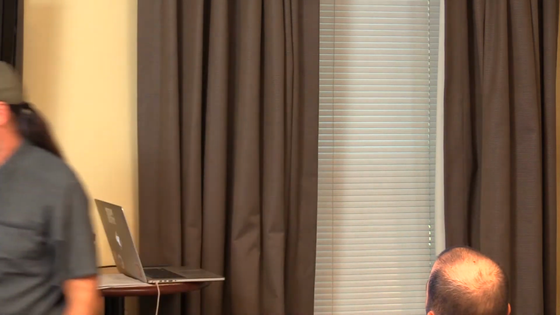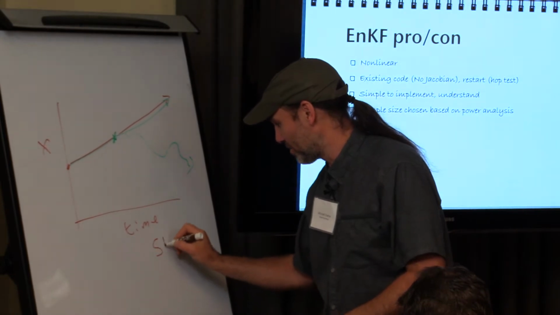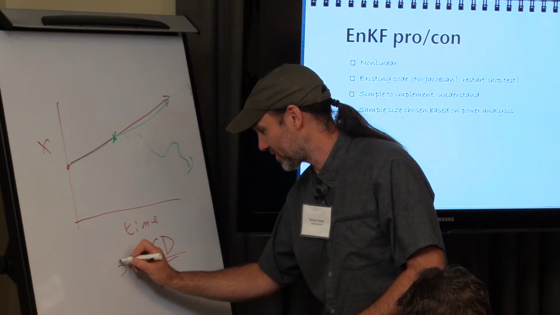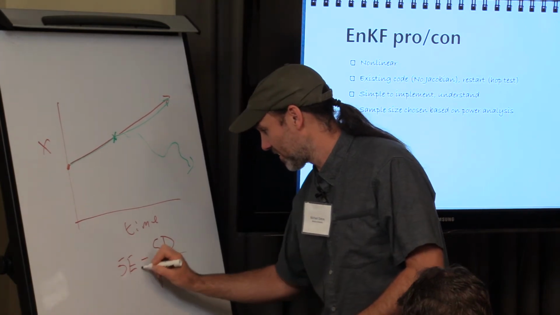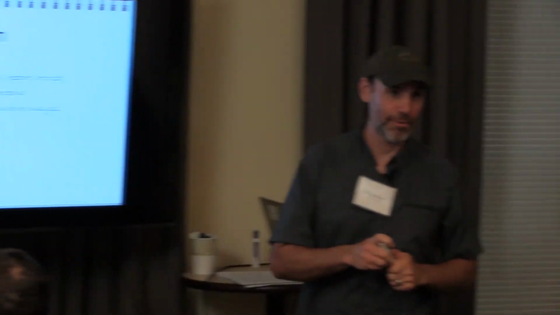This is really Stats 101. I have some observed variability, I want a specific standard error, and I need to solve for the sample size that gives me the standard error I want. Just do a test run to figure out how variable your ensemble is.